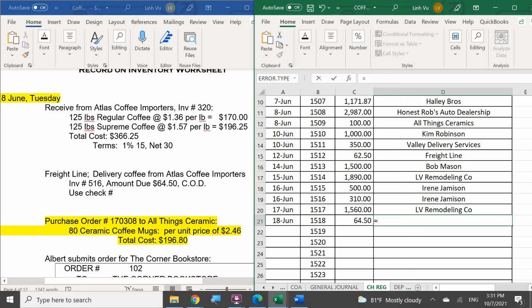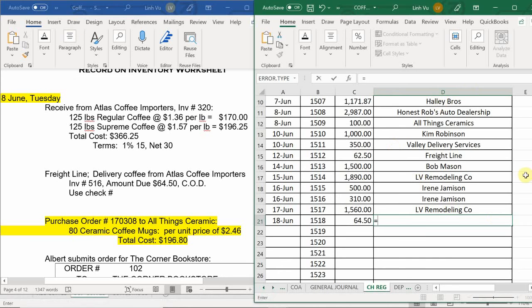Delivery coffee from Atlas Coffee Importer. Who did we receive the bill from for the shipping? Freight line, delivered coffee from Atlas. So in this case, we're going to make this check payable to Freight line.